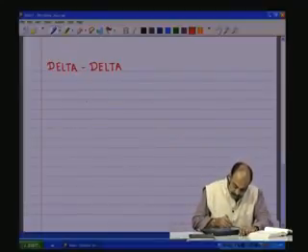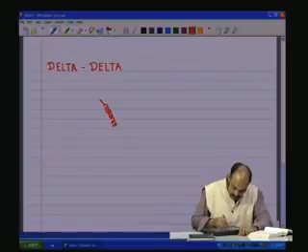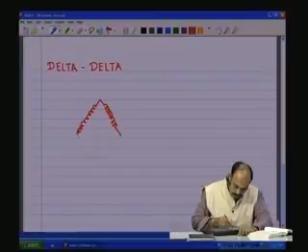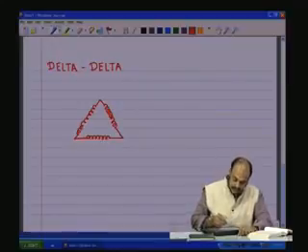So, which means that we have the primary which is connected like that, so these are the three primary coils.